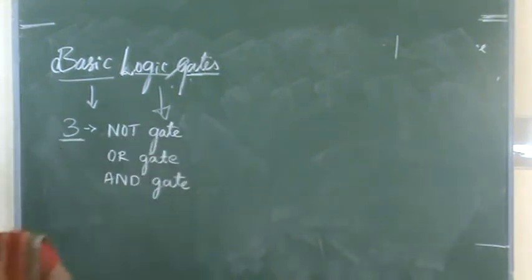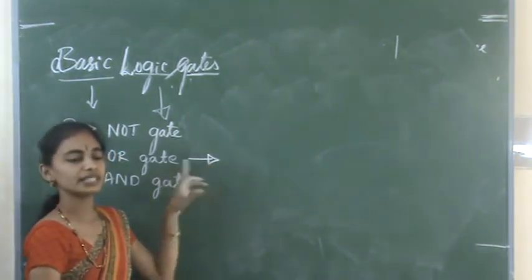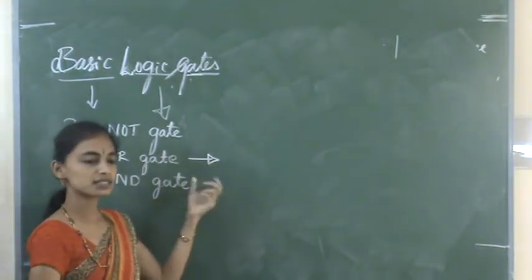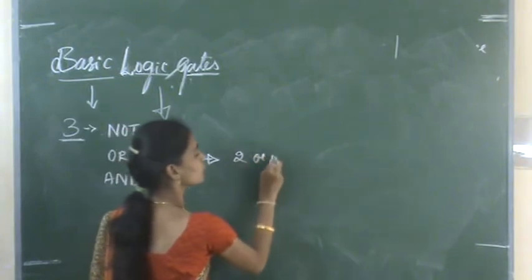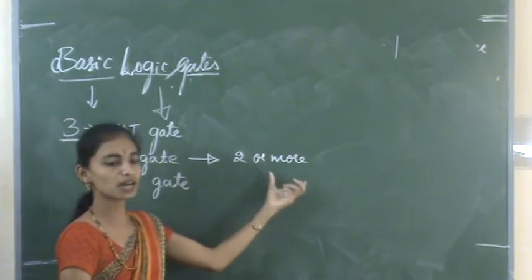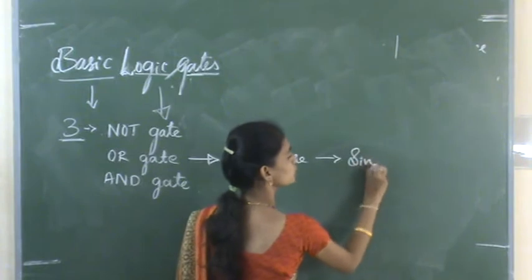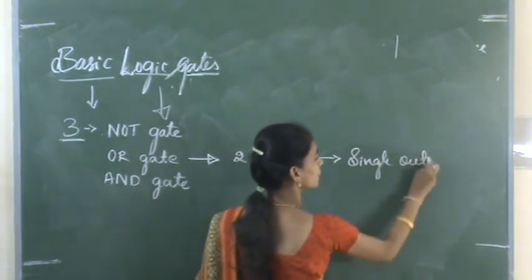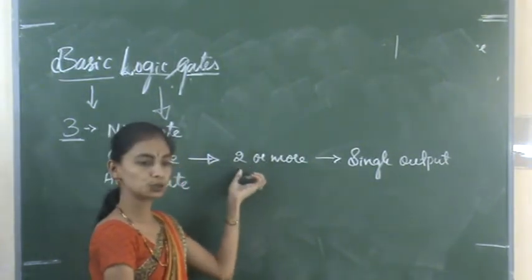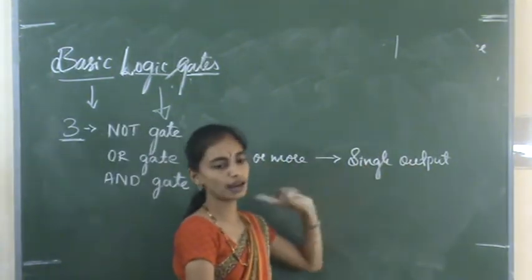This OR gate utilizes 2 or more inputs. It has 2 or more input signals to produce a single output, which means it accepts 2 or more inputs but produces only a single output.